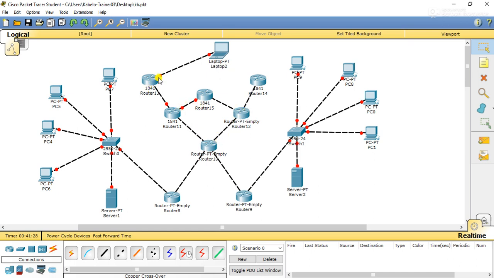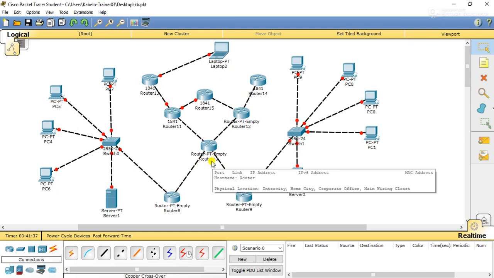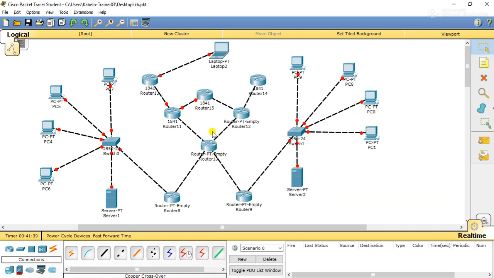The message will hop from one router to another until it reaches the Edgars router.